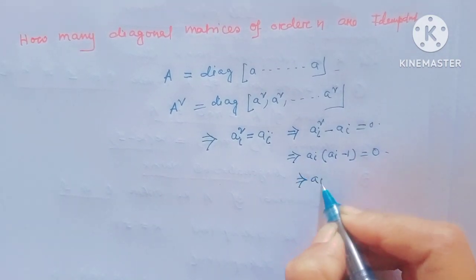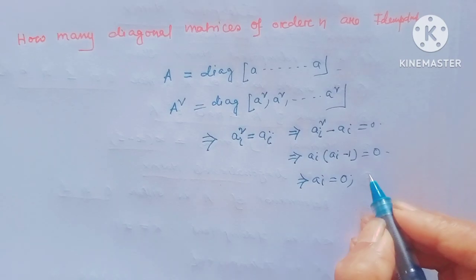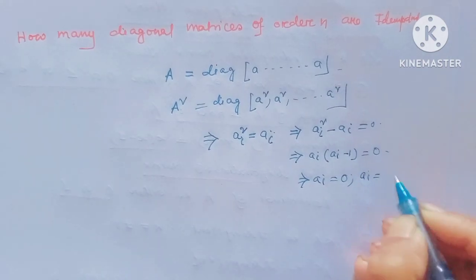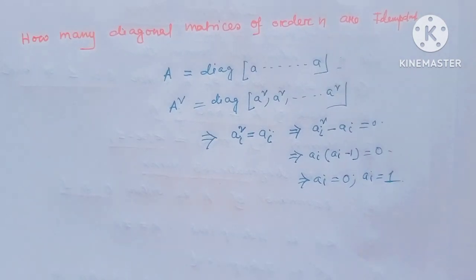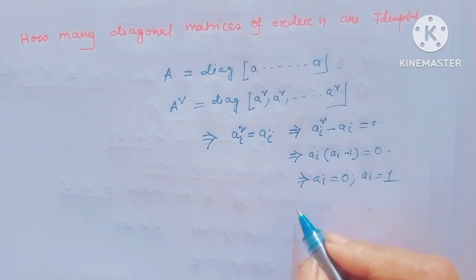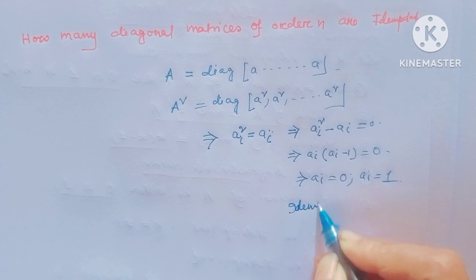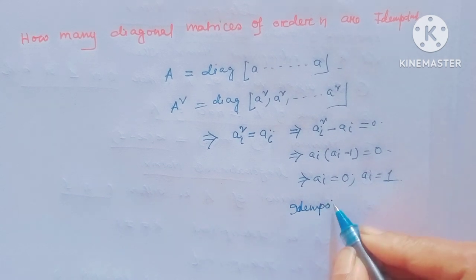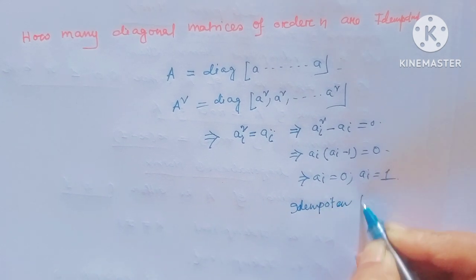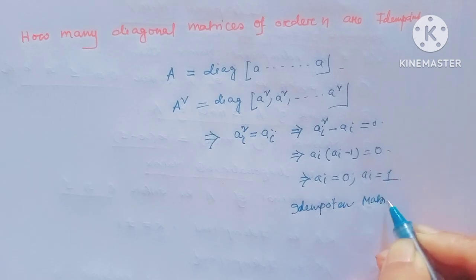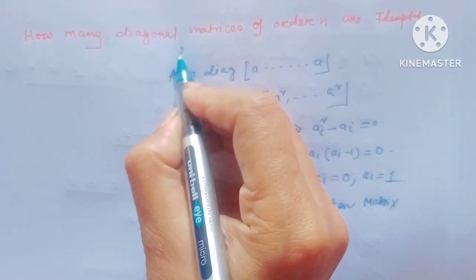That implies a_i equals 0 or a_i equals 1. When a_i equals 0 or 1, these are idempotent matrices. That means the possibilities are 2 to the power n.